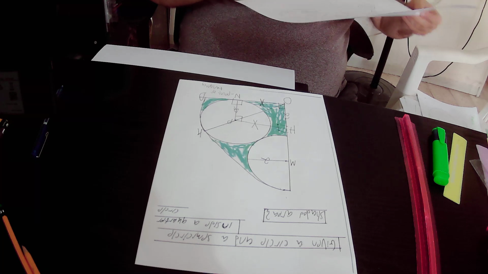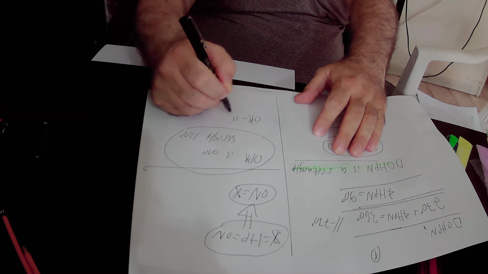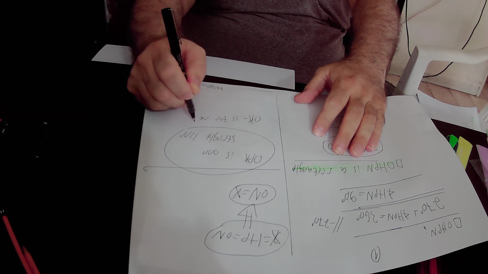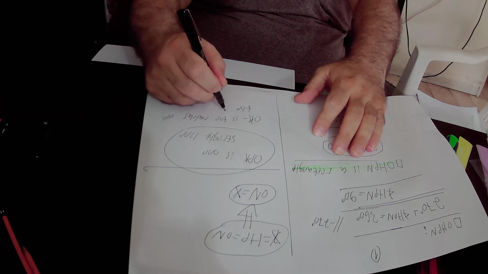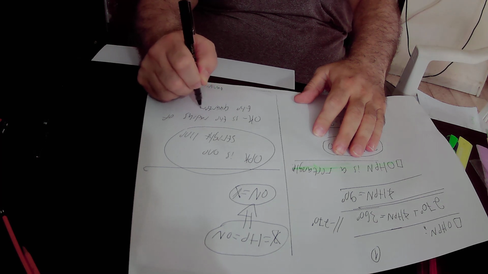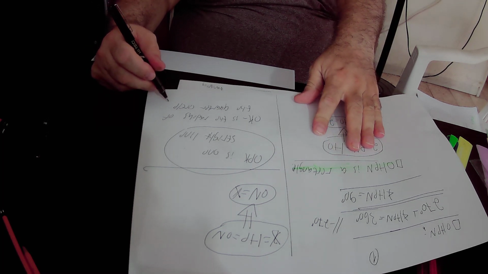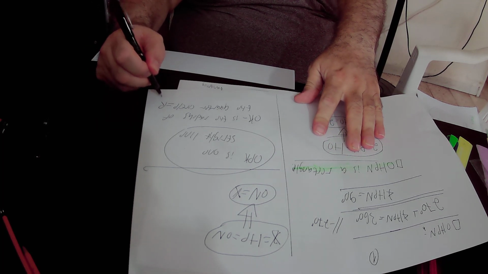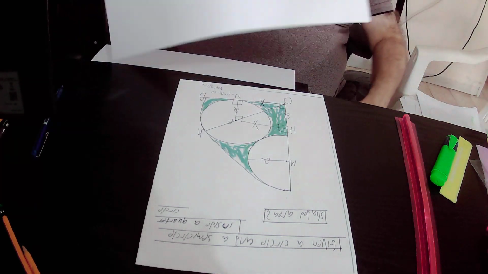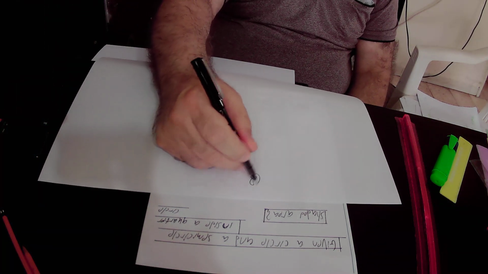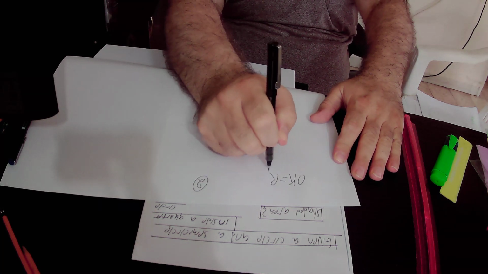So OK is the radius of the quarter circle. And we define the radius of the quarter circle as capital R. Therefore, OK equals capital R, the radius of the quarter circle according to our definition.